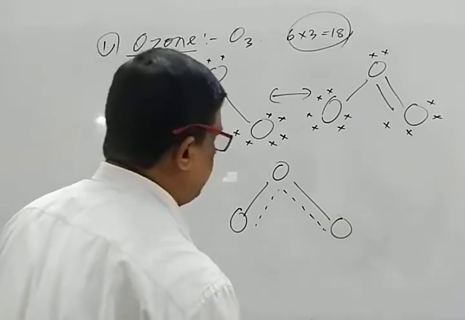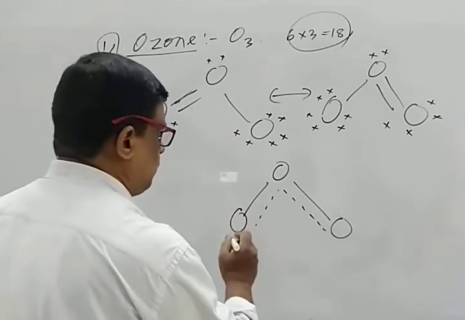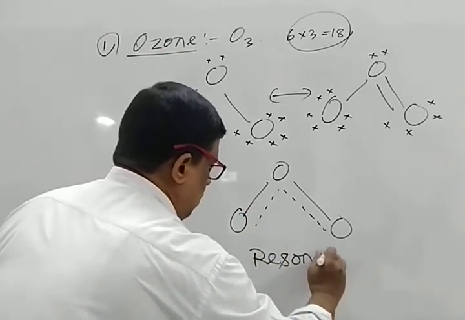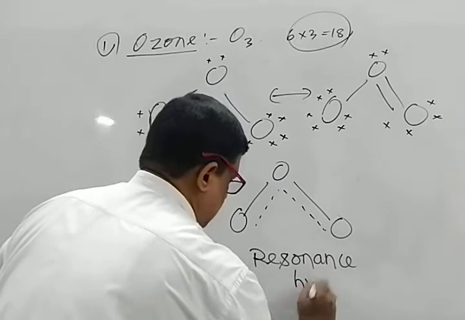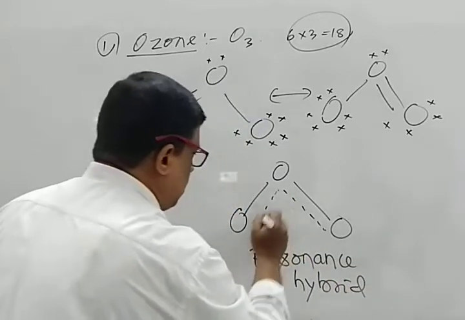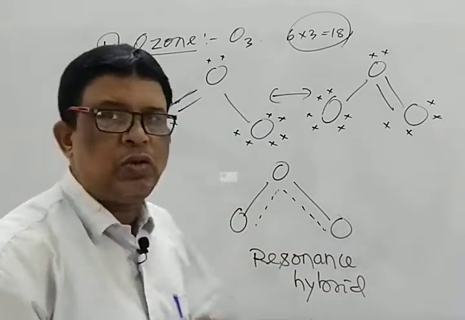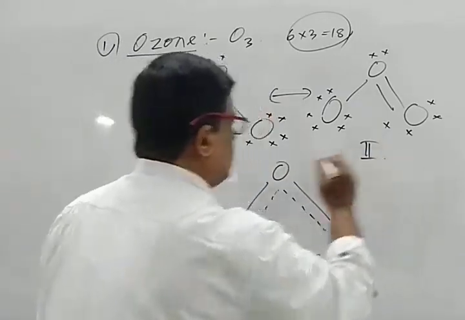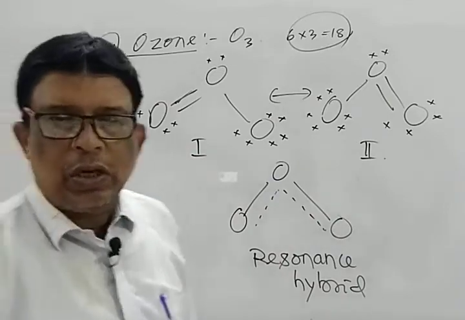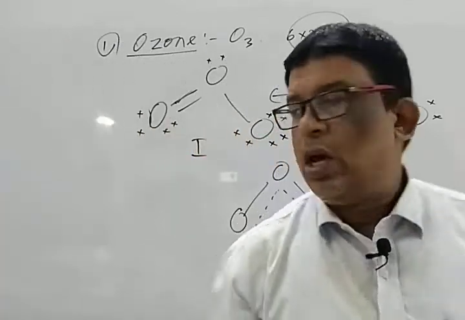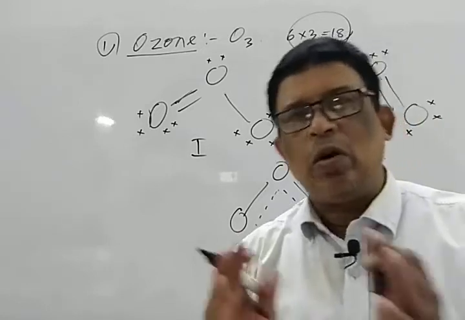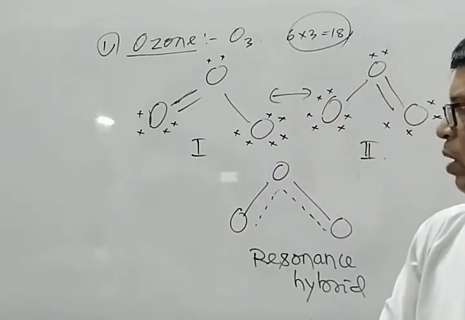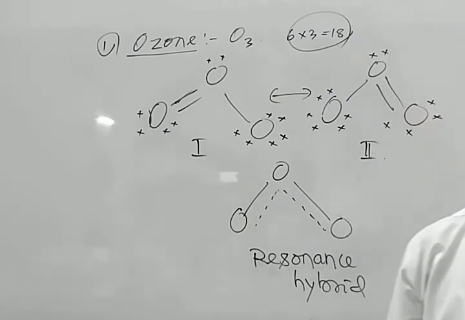The resonance hybrid structure has a dotted line, which actually has no meaning. Structure 1 and structure 2 are known as the resonating or contributing structures, while the third one, which gives the complete data, is known as the resonance hybrid, and the phenomenon is known as resonance.